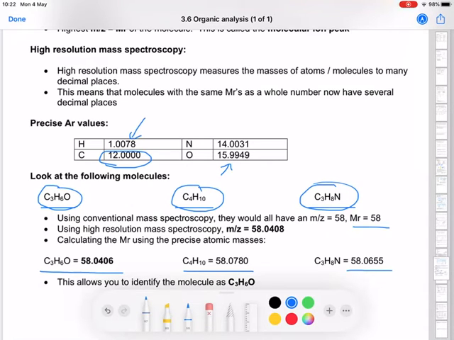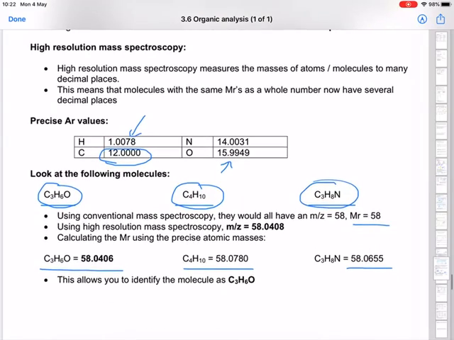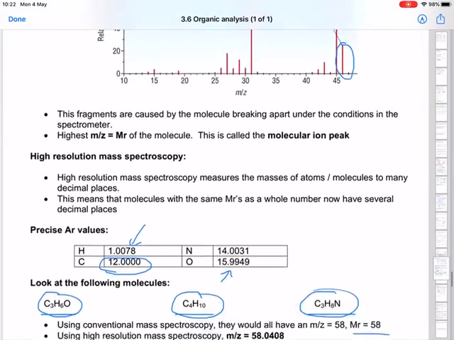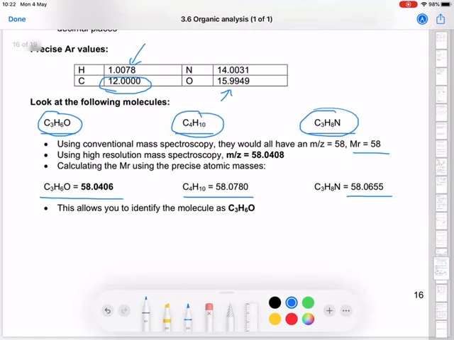So not knowing which one of these 3 potentially you have, if you put it in a high resolution mass spectrometer, it will give you the M/Z or the Mr basically to 4 decimal places, okay? Which in this molecule here, you're told in the information that this molecule has an M/Z of 58.0408, which means it must be C3H6O.